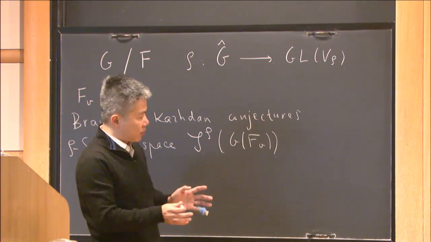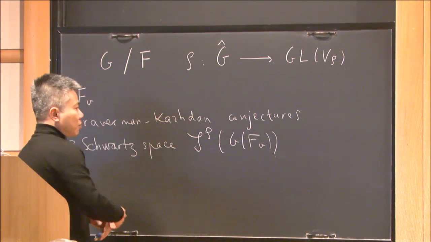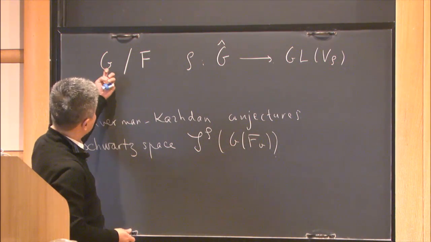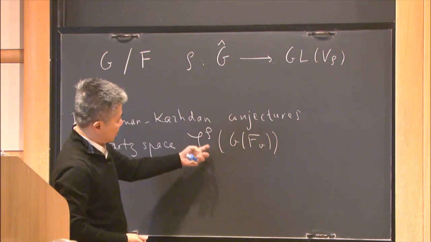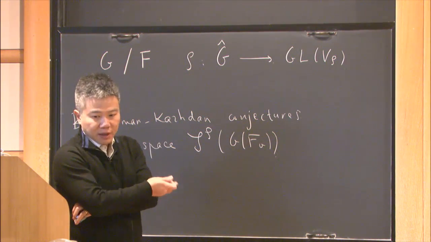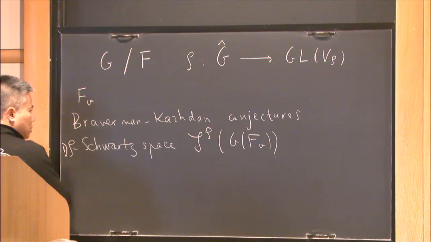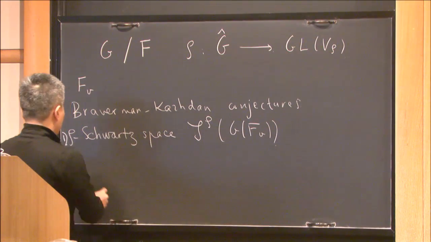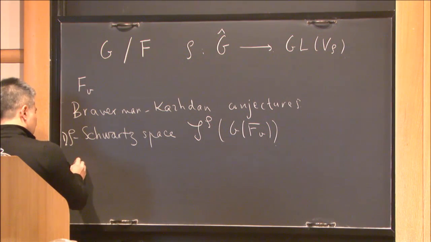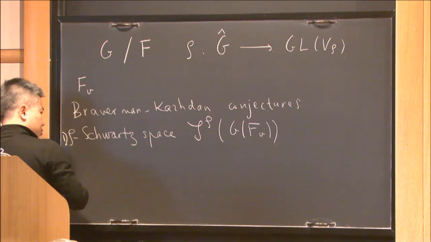They are going to have compact support in some partial completion of G. So for instance, in the standard case, when G is GL_n and rho is the standard representation, this is the space of locally constant functions with compact support in the space of matrices, right? So this is the first ingredient.